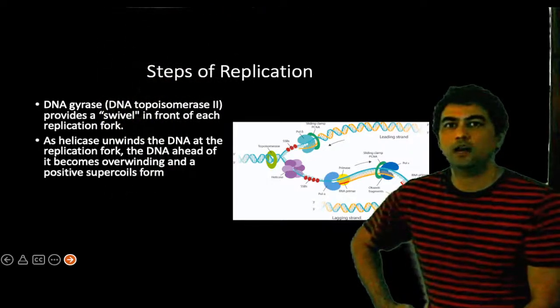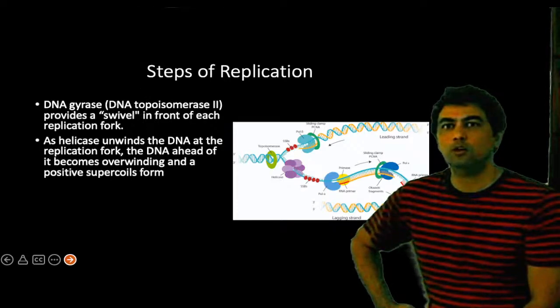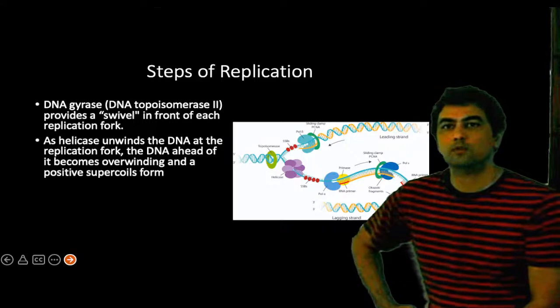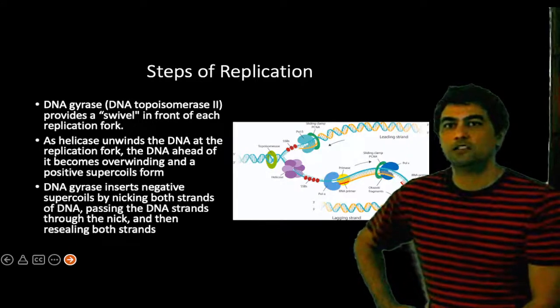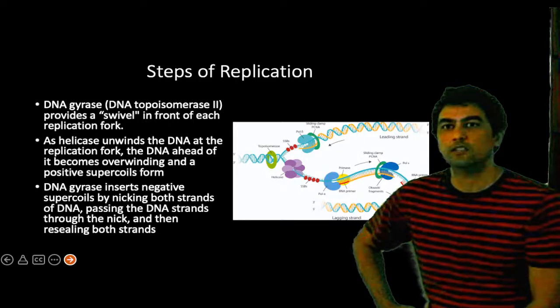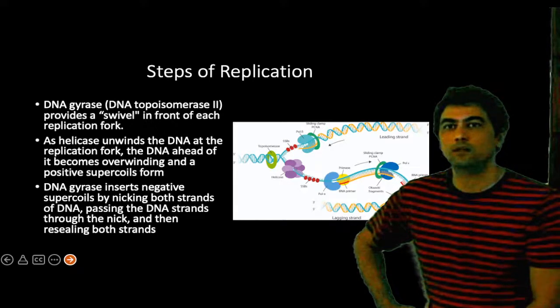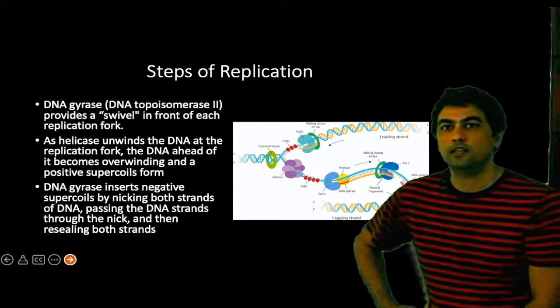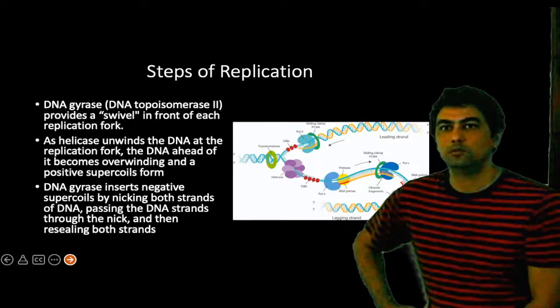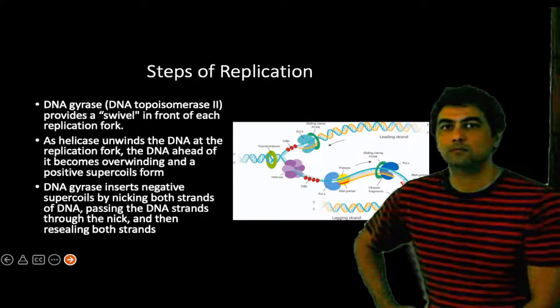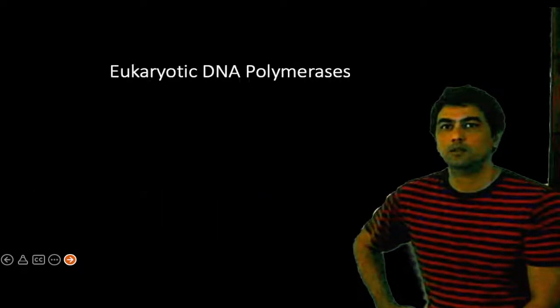The DNA ahead of it becomes overwound, and positive supercoils form. DNA gyrase inserts negative supercoils by making a nick in both strands of DNA, passing the DNA strand through the nick, and then resealing both strands. Okay.